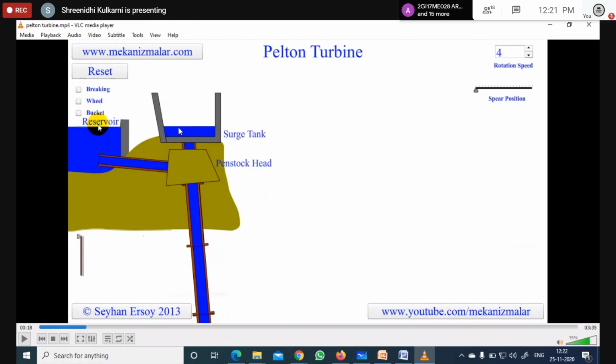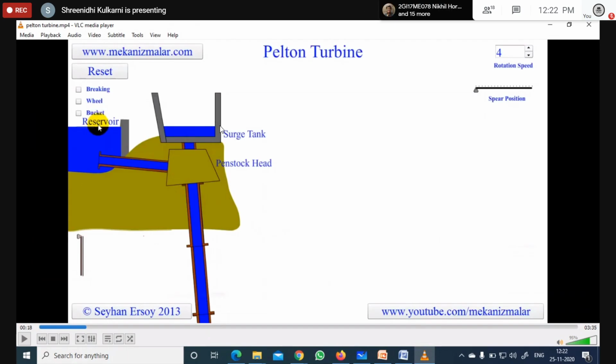The surge tank maintains a constant head. Head is nothing but the water level. So it maintains a constant water level, because once the surge tank is not there, we will get fluctuation in the supply of the water.